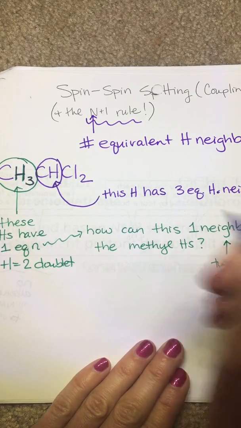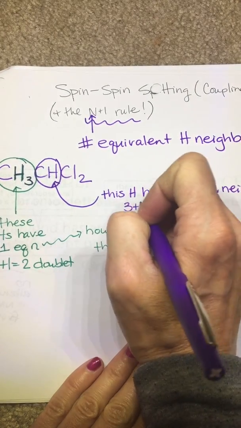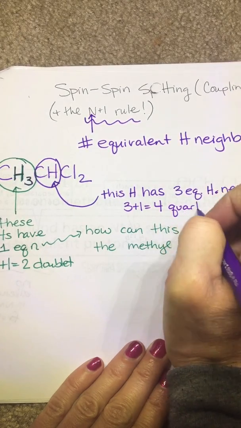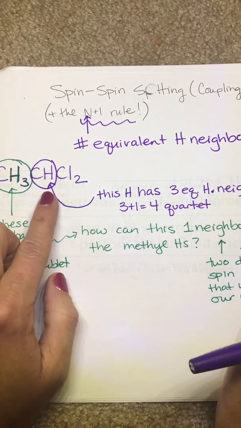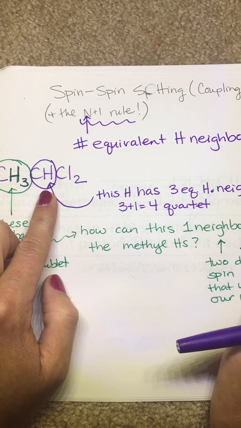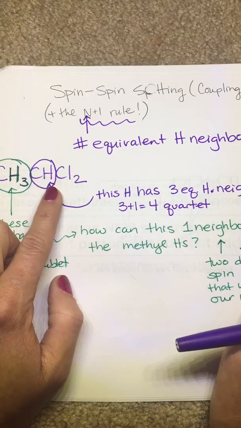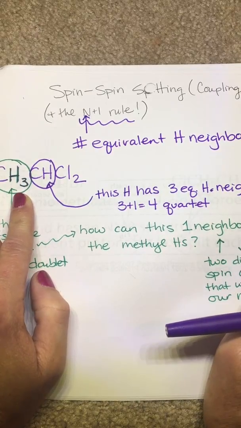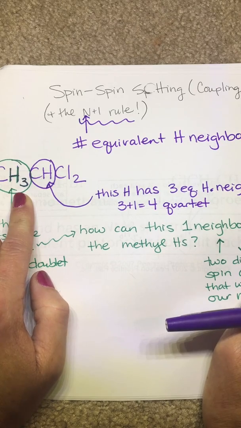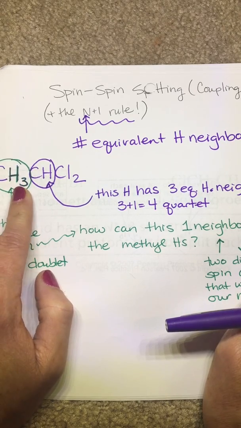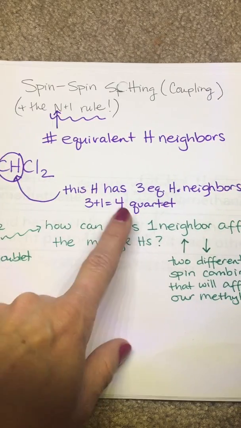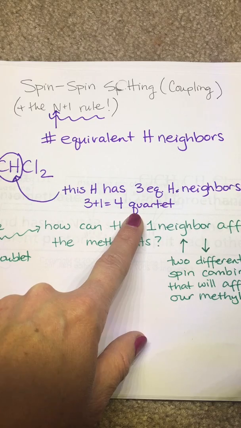So if I do that n+1 rule, 3 plus 1 equals 4. A 4 is a quartet. And that's what we saw on the previous page. That signal that was downfield was a quartet, meaning that hydrogen has 3 equivalent neighbors. And typically 3 equivalent neighbors is always a CH3 group. It's really difficult to give an equivalent environment if you're breaking those 3 hydrogens up. So that's why we're seeing that downfield quartet.